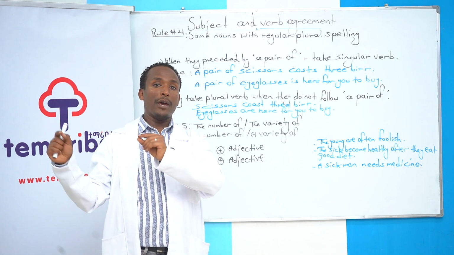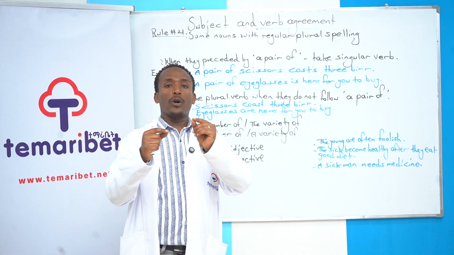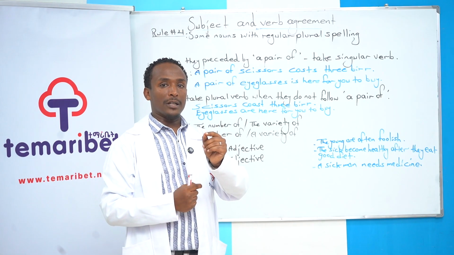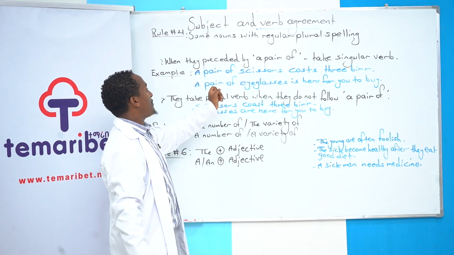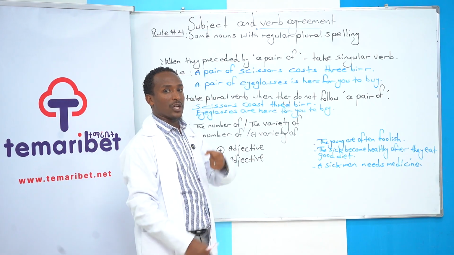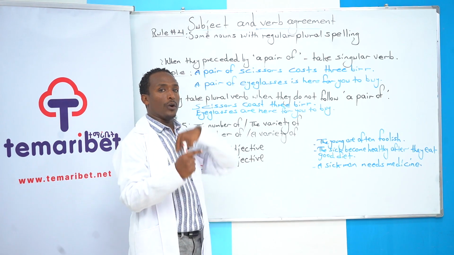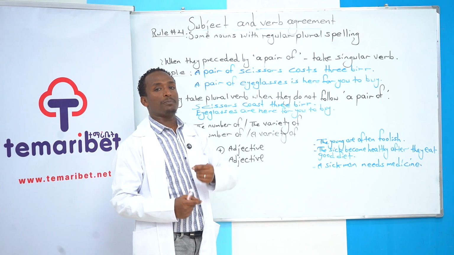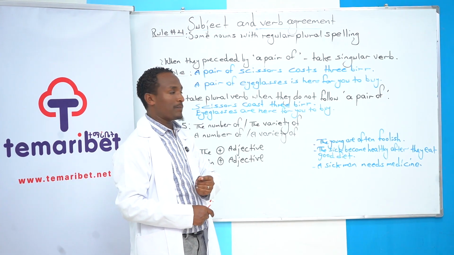We add a pair of before we write these nouns. That means when we write a pair of in front of the nouns, we are making the noun singular. You are talking about one of the given objects with plural spelling, okay?